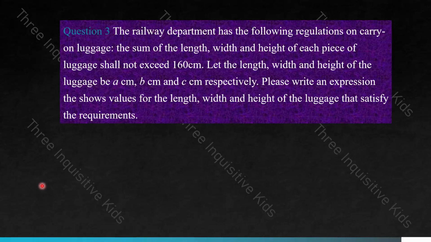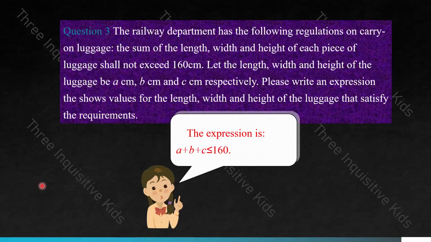Please write an expression that shows values for the length, width, and height of the luggage that satisfy the requirements. Again, pause the video and answer this question on your own first. The expression would be A plus B plus C is less than or equal to 160 centimeters.